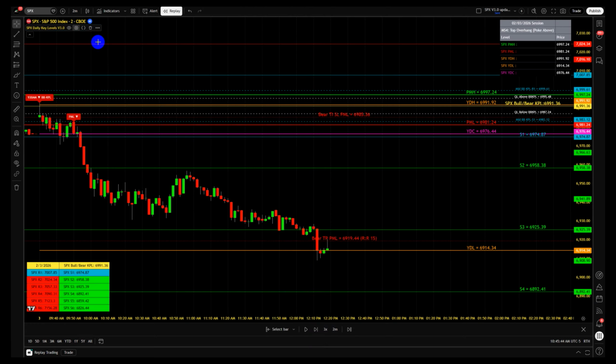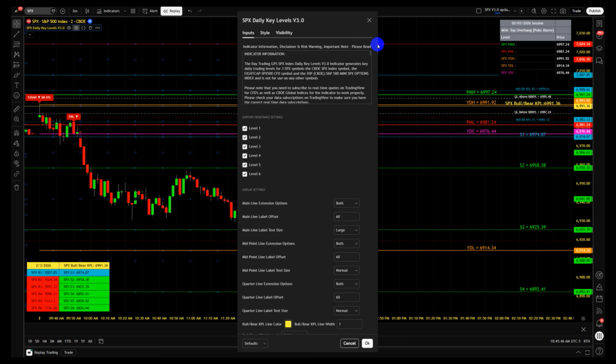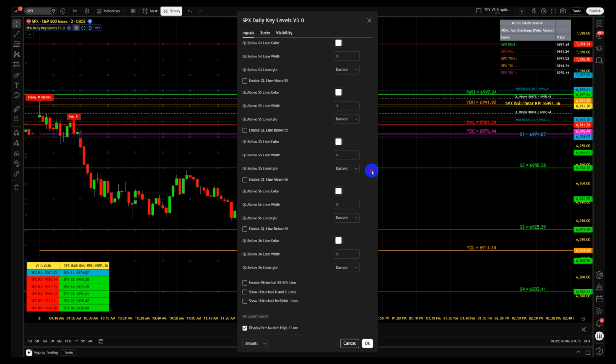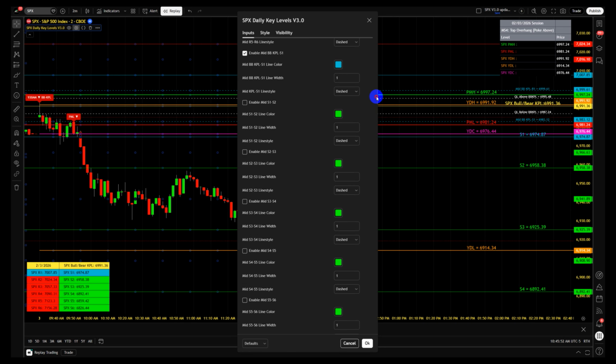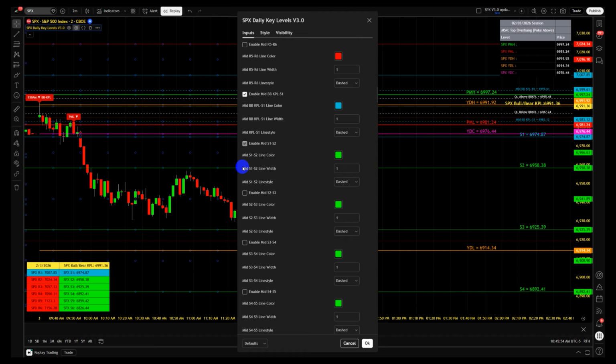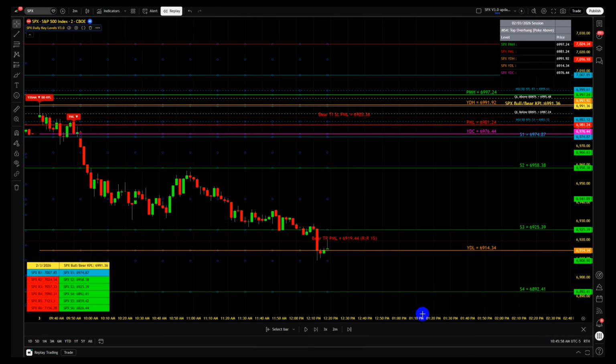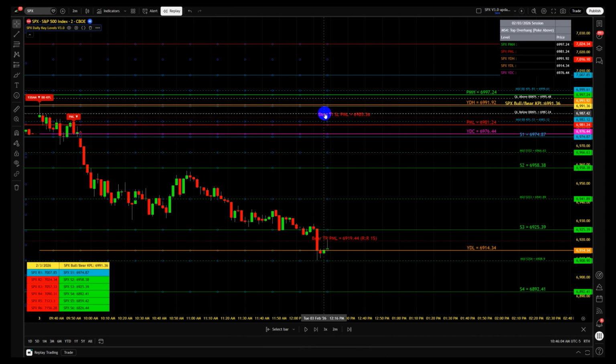If you want to turn on the different midpoint levels as an example. So you're taking a bearish trade on close below PML, and you could still manage your trade if you're doing a regular trade and not a scalp.